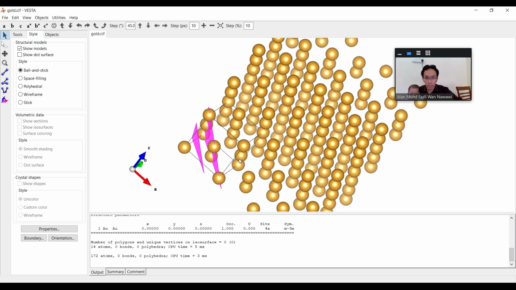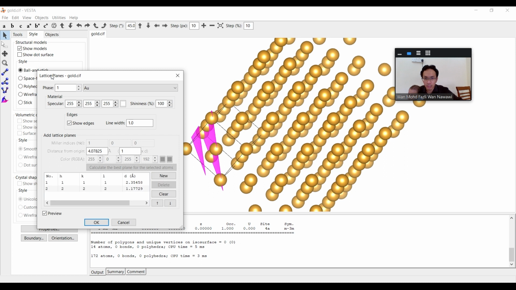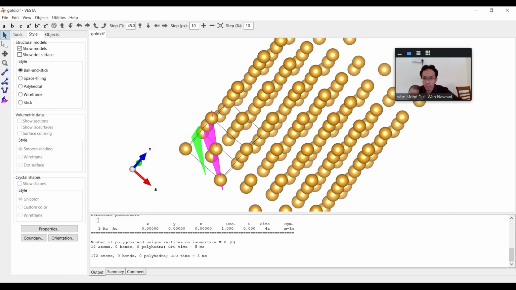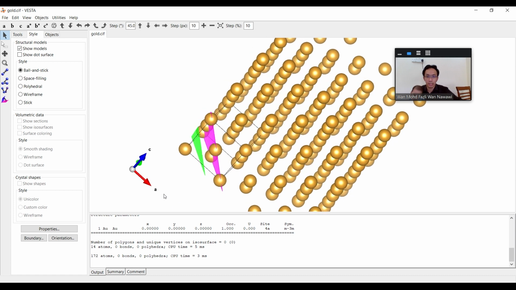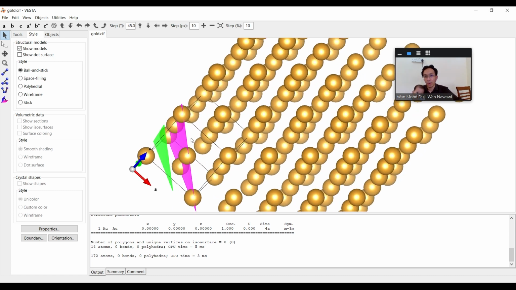Okay, so for the 2 to 2, let me change the color. It's much easier to see. Like this plane, I change the color for this 2 to 2. Let's see, can I change color here? Okay, so you can see the 111 is in the pink color.